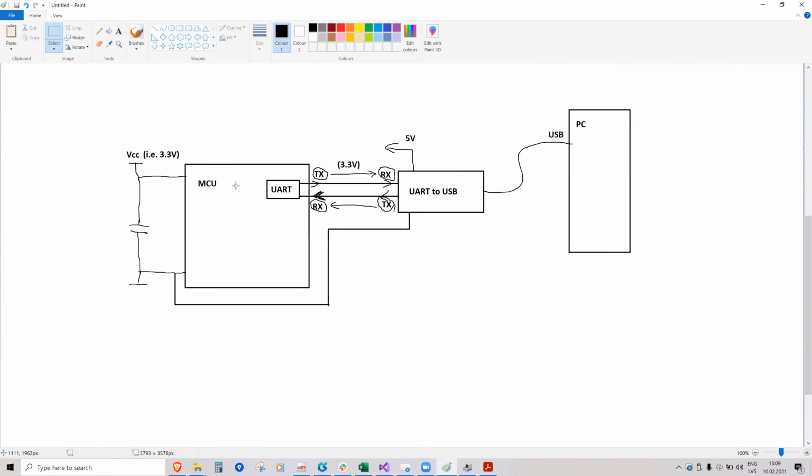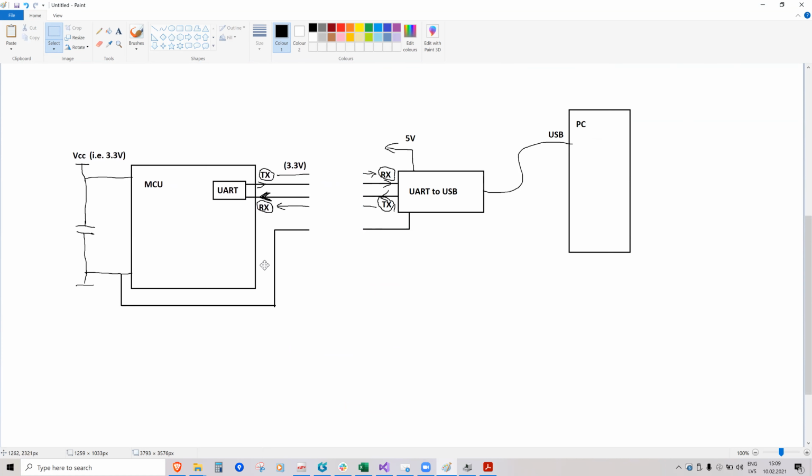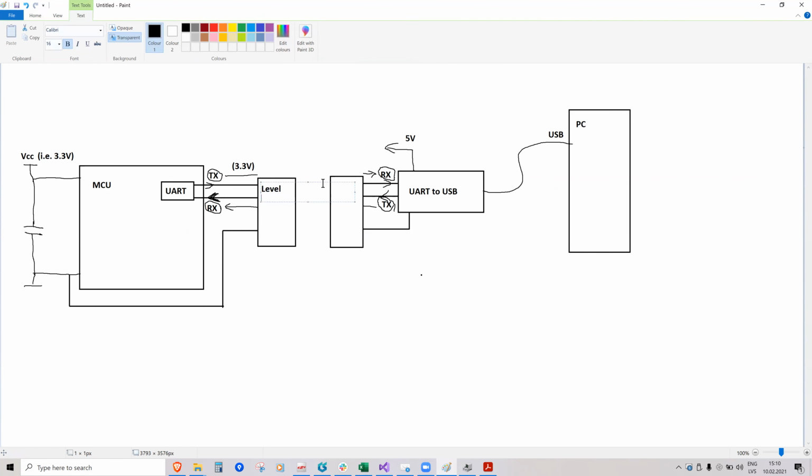So in our picture, this chip would go here in between the lines.